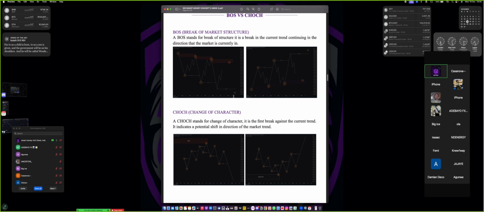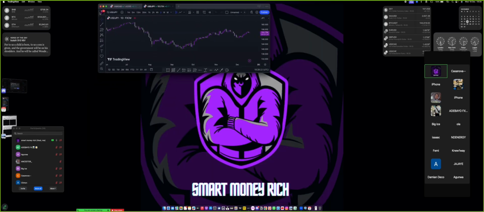Change of character, on the other hand, which is CHoCH, is the first break against the current market trend, and it also indicates a potential shift in market structure or market trend.